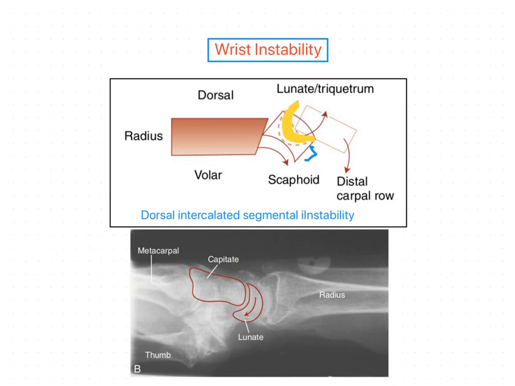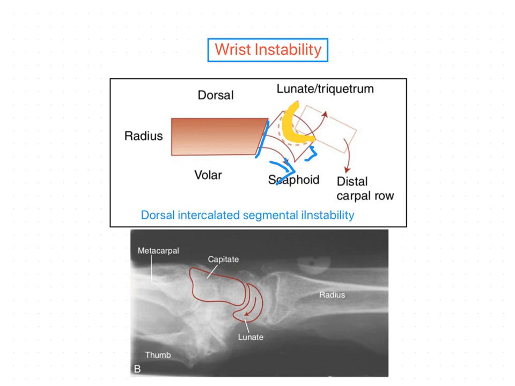If you can see here, this is a dorsal intercalated segment instability, and you can observe the scaphoid is going to flex volarly on the inclined surface of the distal radius. So this is the distal radius, the inclined surface of the distal radius.